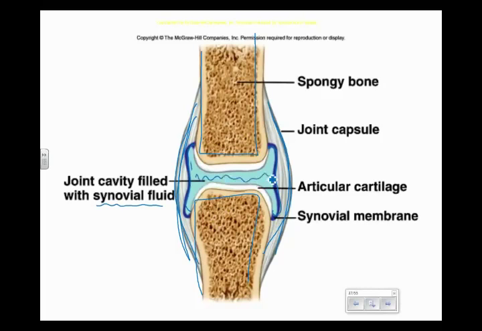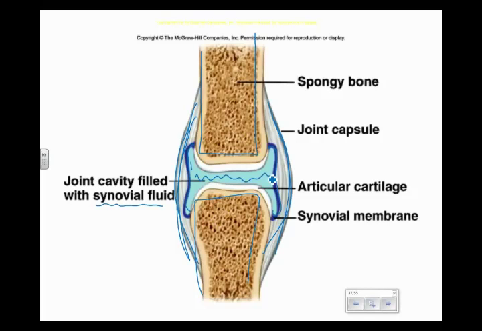Okay? Synovial fluid has the consistency of egg whites. We talked about it when we were talking about cavities, right? And membranes. So we talked about mucous membranes. We talked about serous membranes, where they're lining cavities that don't open up to the outside. This is now a synovial membrane that secretes the synovial fluid.